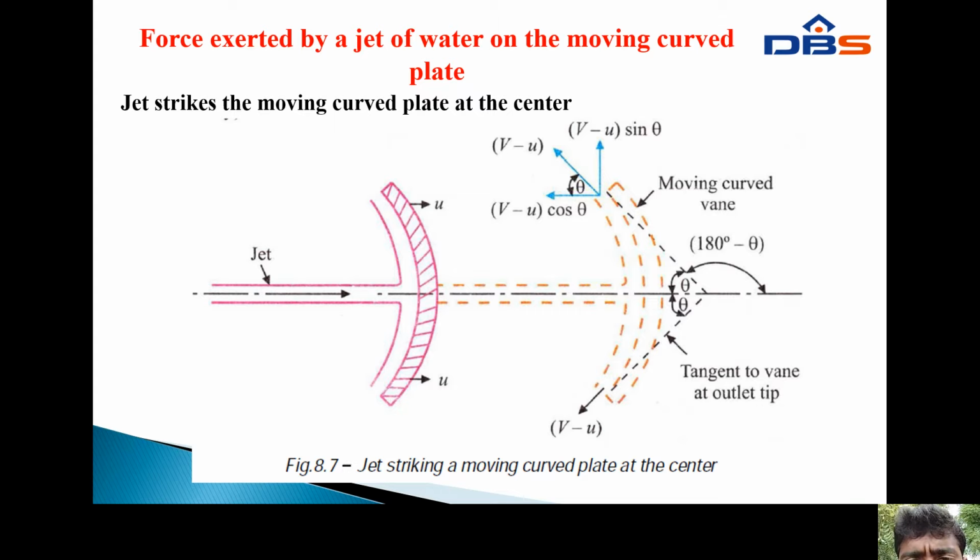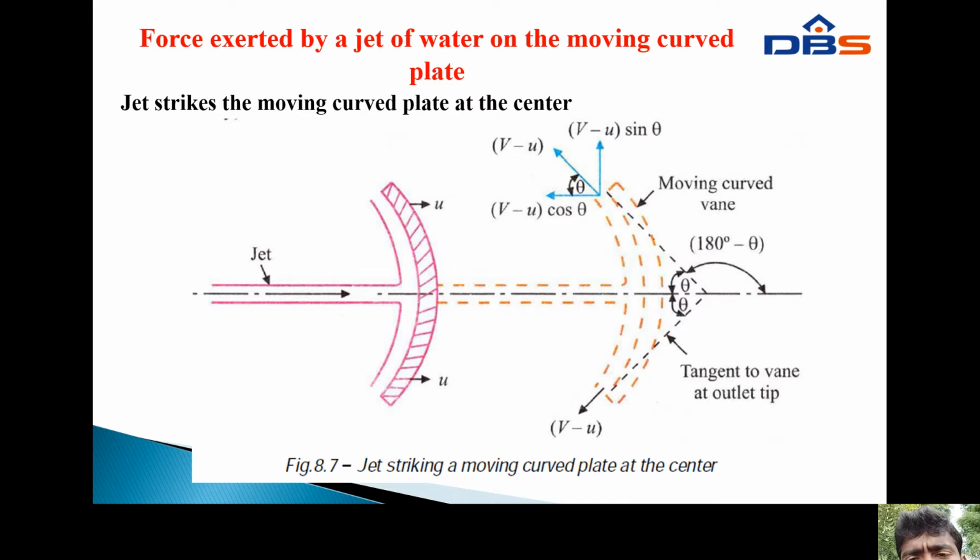In the figure, the jet is flowing into the downward side and upward side. Downward side means v minus u, upward side means in the y direction v minus u sin theta, and in the x direction v minus u cos theta.